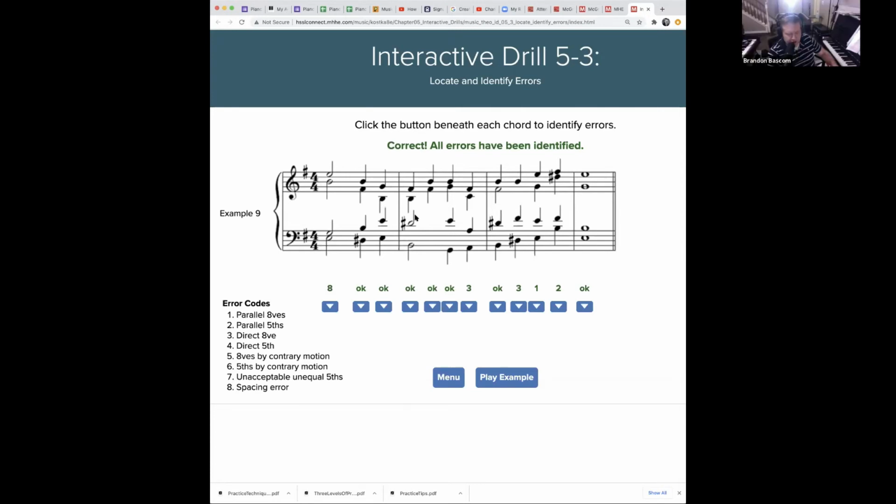So the contour is not primarily conjunct is what you would say? Yeah, definitely. There's more leaps than steps. Okay. I'll buy that. Specifically going on in measure 2, what do those leaps not do?